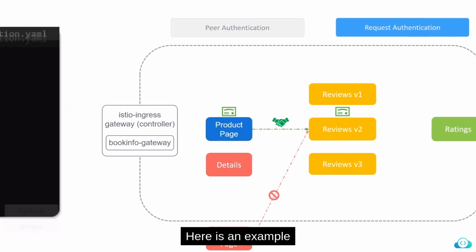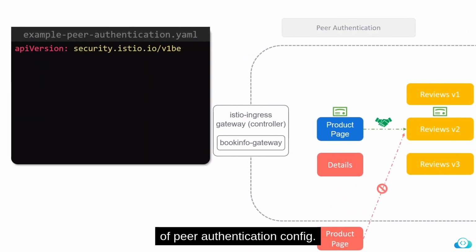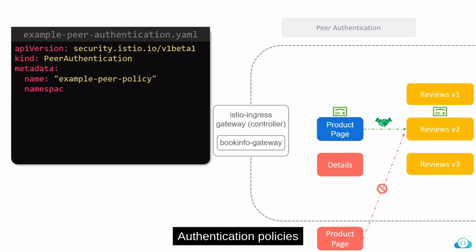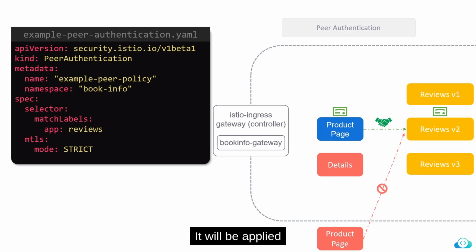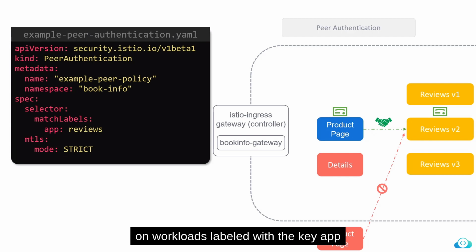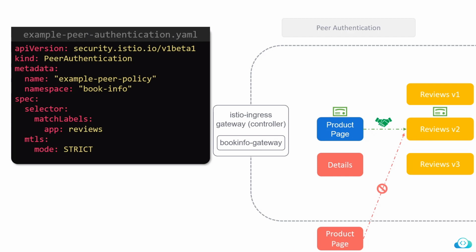Here is an example of a peer authentication config. Authentication policies are defined by the PeerAuthentication and RequestAuthentication kinds. It will be applied in the bookinfo namespace. This policy will only be effective on workloads labeled with the key app and value set to reviews.